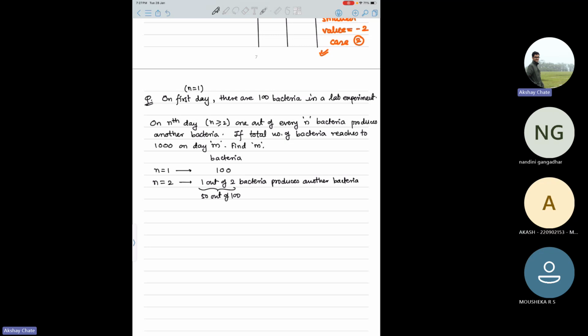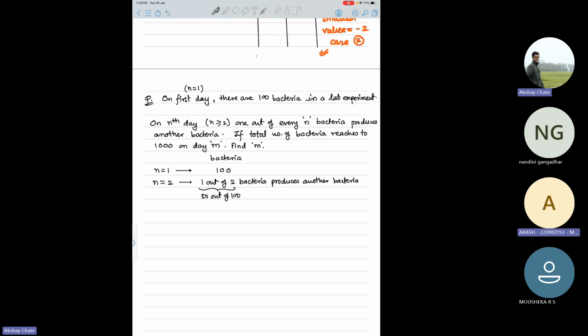Yes, 50 bacteria will produce another, like 100, right? No, no. One out of two bacteria produces another bacteria. So 50 will produce 50.